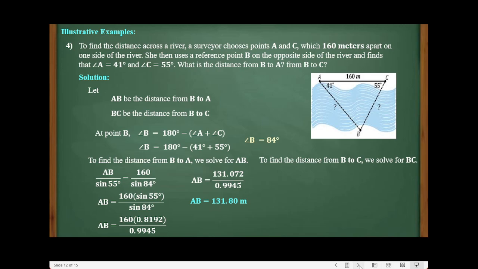BC over sine 41 degrees is equal to 160 over sine of angle B. Solving for BC, that is 160 times sine 41 degrees over sine 84 degrees. Again using your scientific calculator, that gives you 160 times 0.6561 over 0.9945.